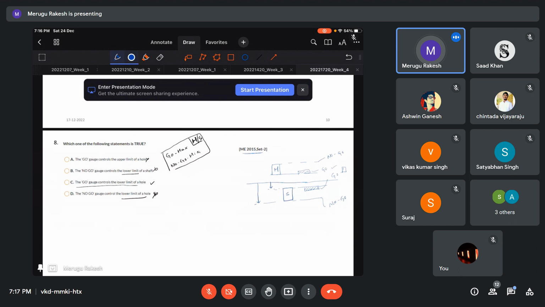Okay, I will just check what key is given, maybe option C is the key given. I will see if any discussion is there in that paper. I will give an update in the next class.